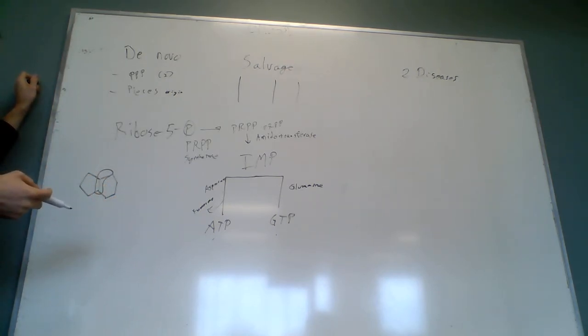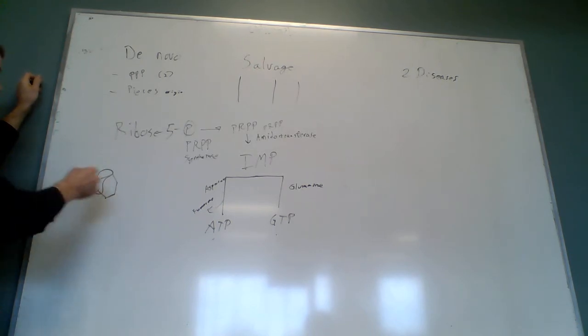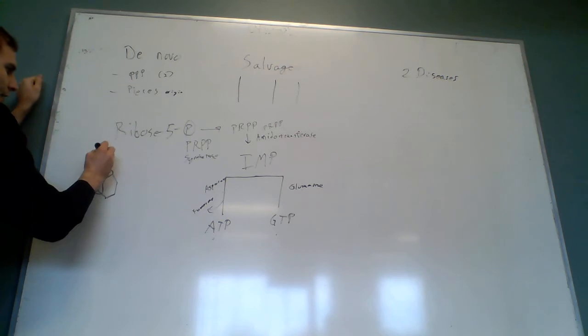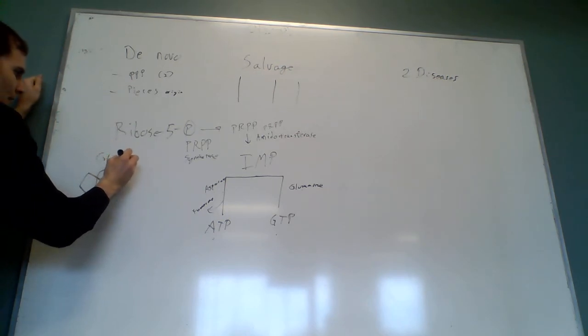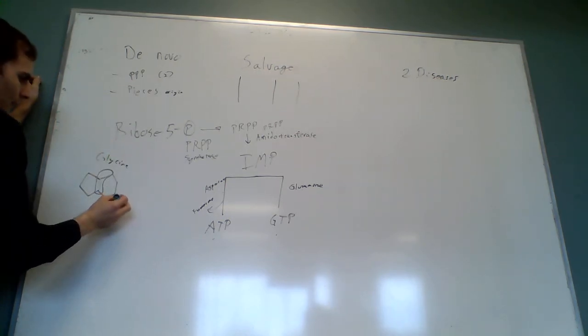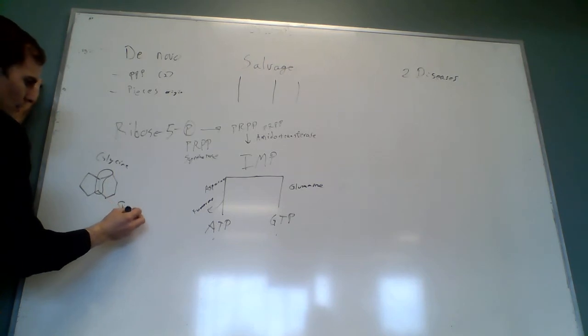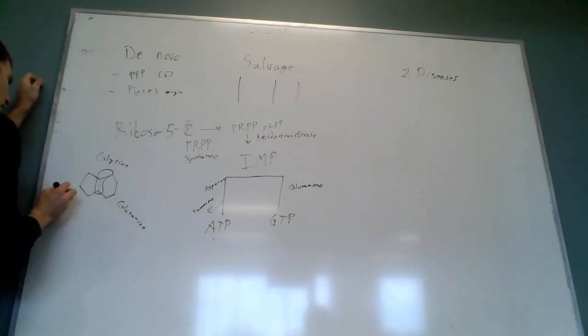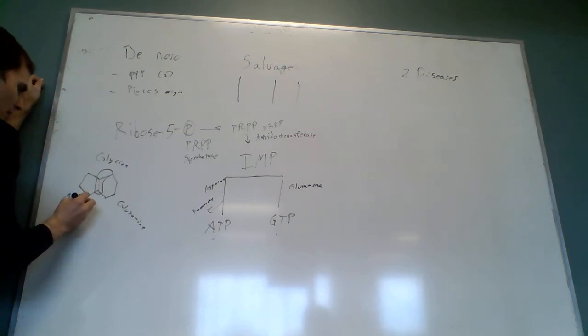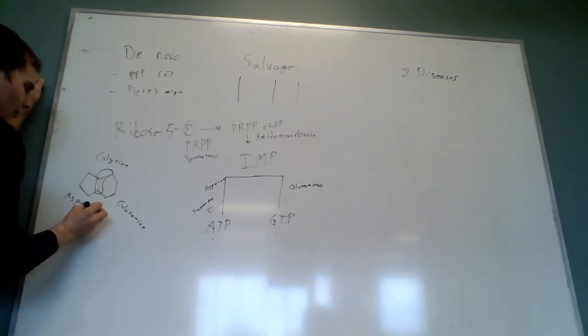Glycine is the backbone of that. And then you also have glutamine and aspartate. Okay, so we have glycine, glutamine, and aspartate donating carbons. And those are the 3 amino acids.